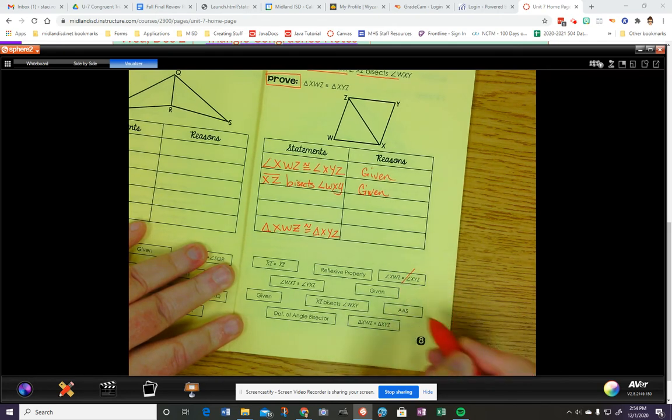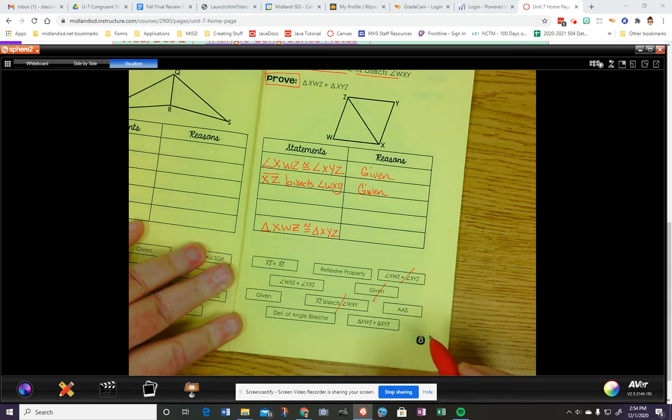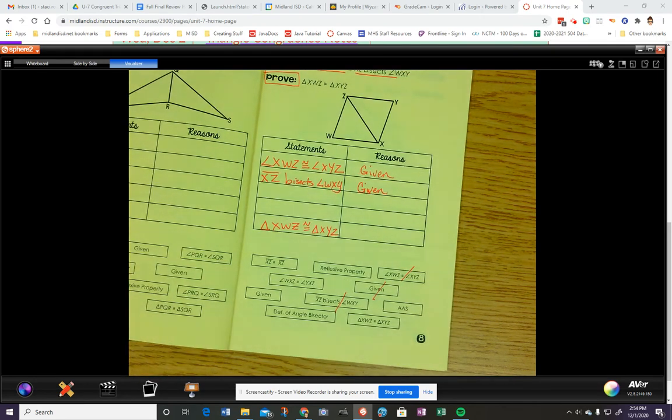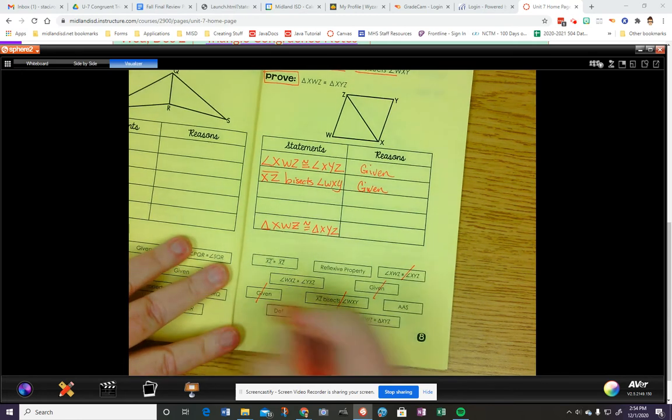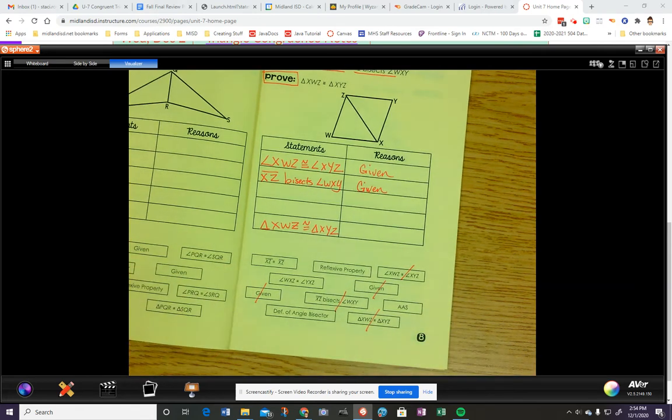We've done that one. We've done our given. XZ bisects angle WXY. We've done that one. So we've got one more. Oh, given. And then triangle. Where's our triangle one? There it is.